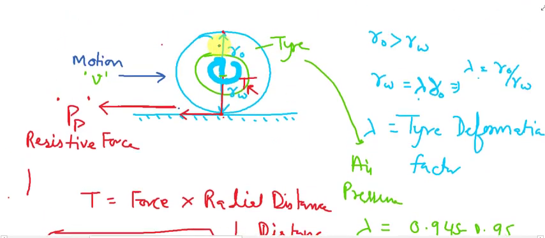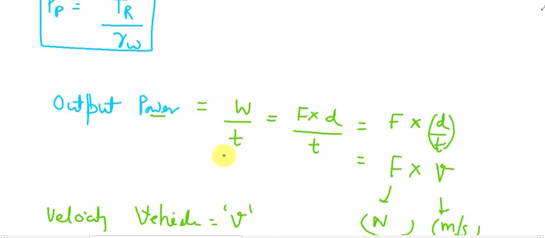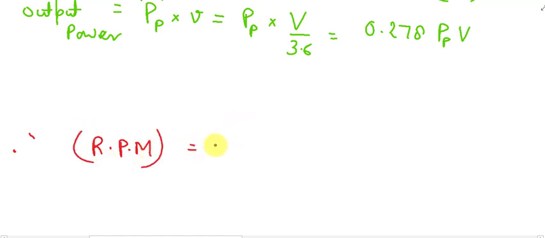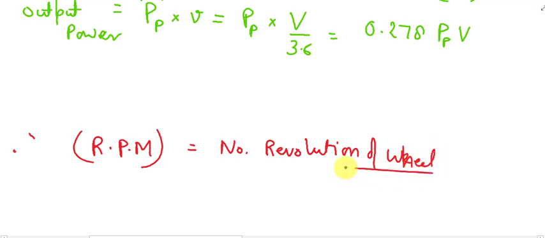So the RPM of this wheel will be equal to revolution per minute of wheel, equal to number of revolutions of wheel per minute.